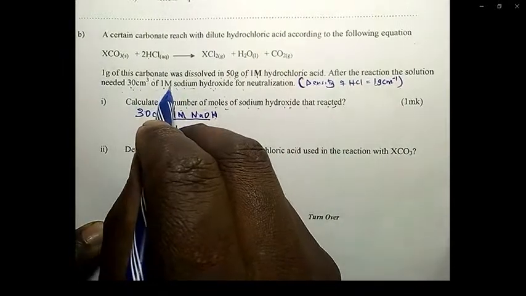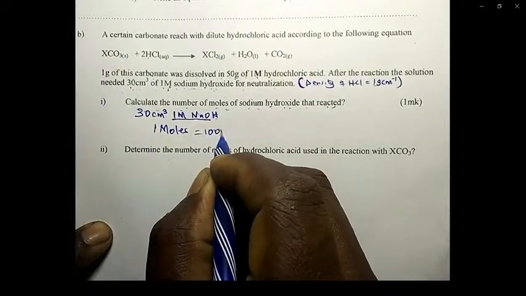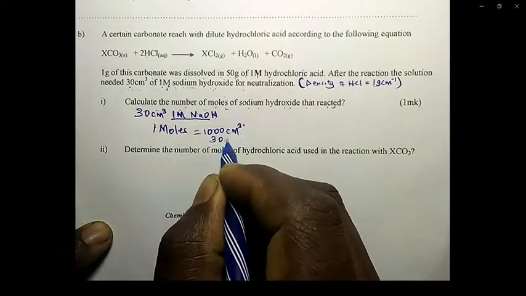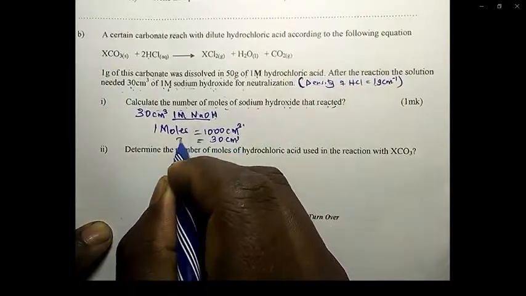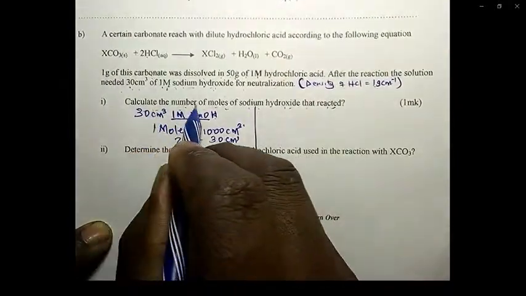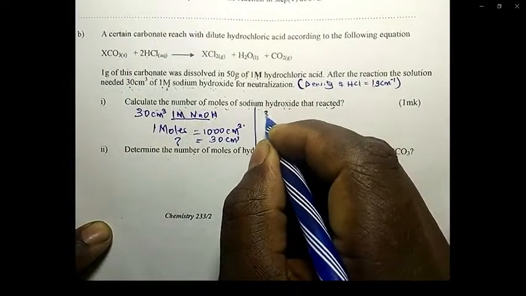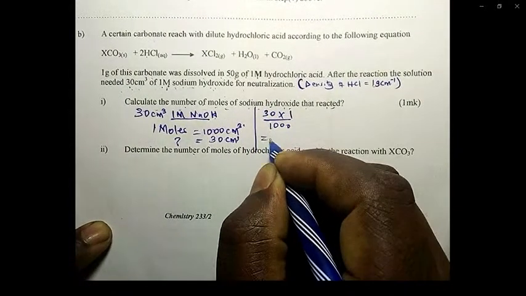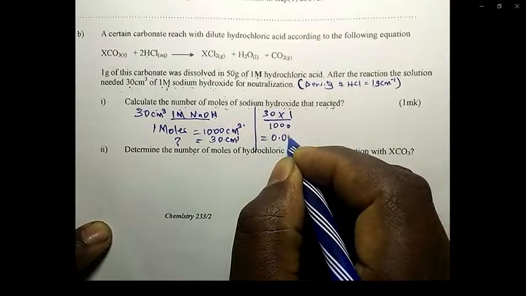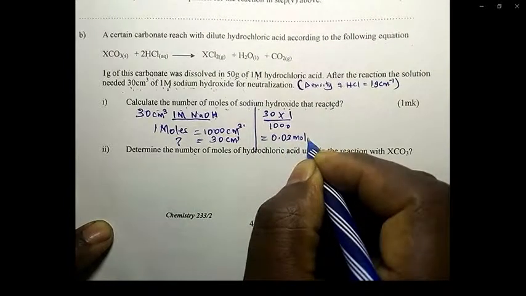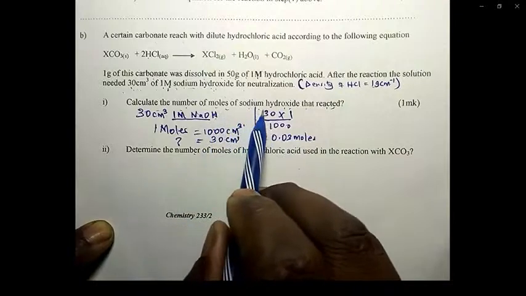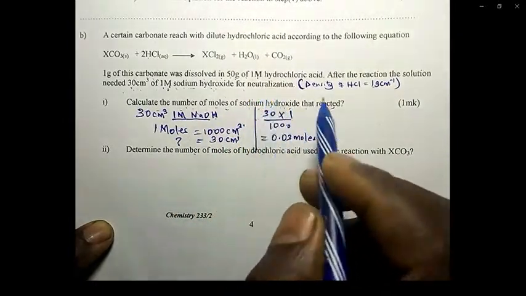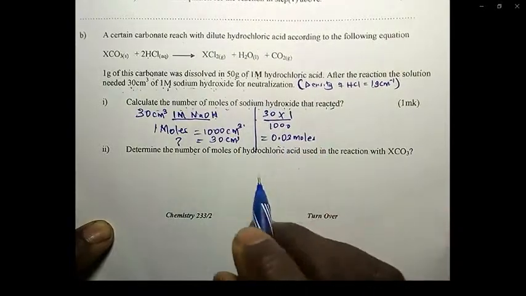So it means that this one is in 1,000 centimeters cube. We will find out that 30 centimeters cube will contain how many moles, because that's what we want to calculate. So that is 30 times 1, we divide by 1,000, and that one will give us 0.03 moles. So the number of moles of sodium hydroxide that reacted with excess HCl is 0.03. It is very important to know that.